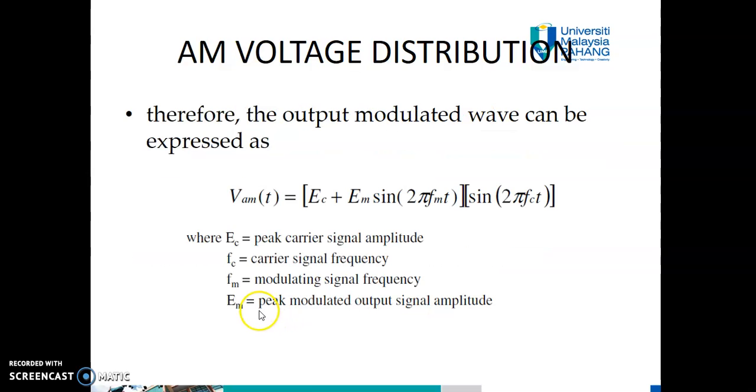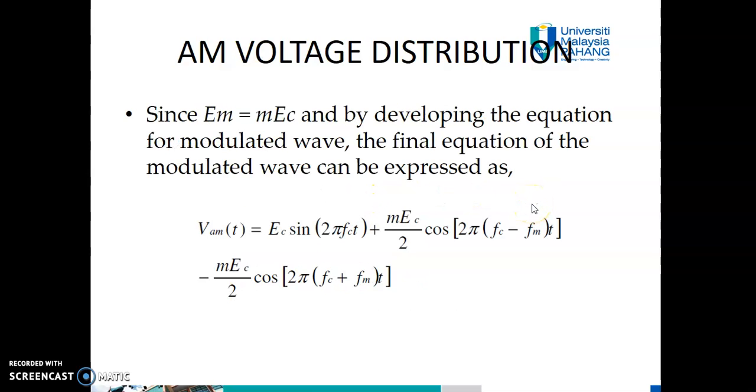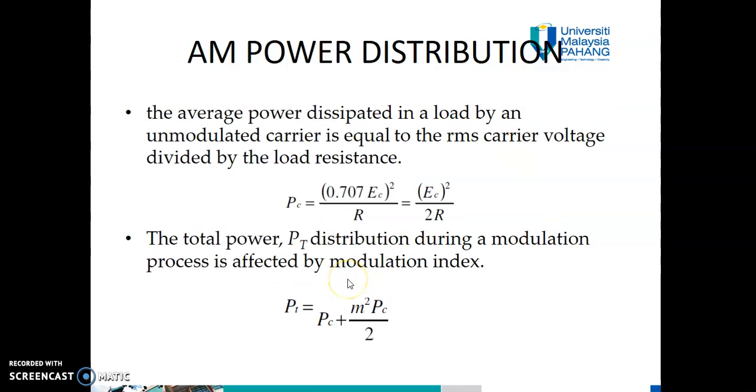This is another mathematical formula to show amplitude modulation: Vc plus Vm sine omega mt, sine omega ct. From here, we can show you in terms of the carrier part, upper sideband and lower sideband, the voltage distribution.